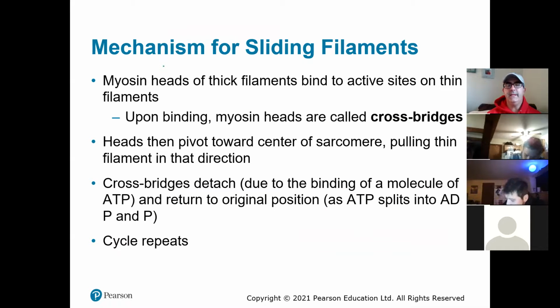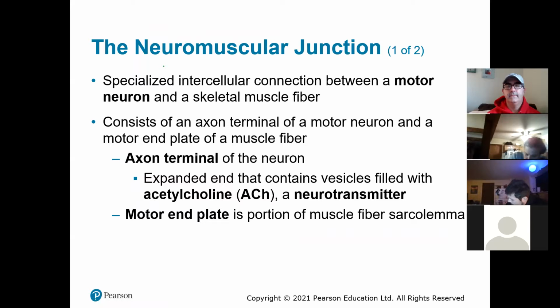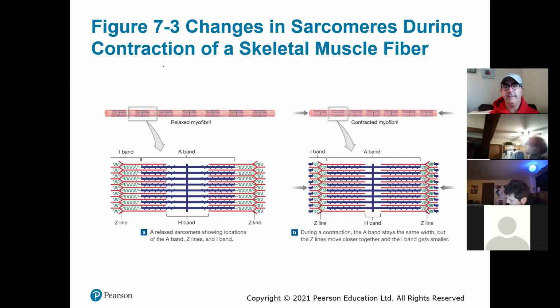Well, it turns out that troponin and tropomyosin would rather bind to calcium than actin. So remember that this entire myofibril is surrounded by SR, sarcoplasmic reticulum, which is a storage site for calcium.